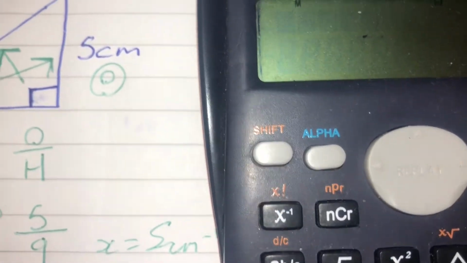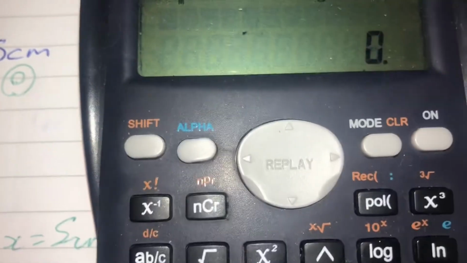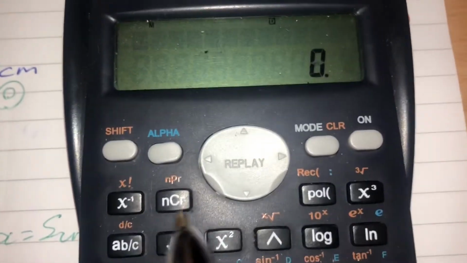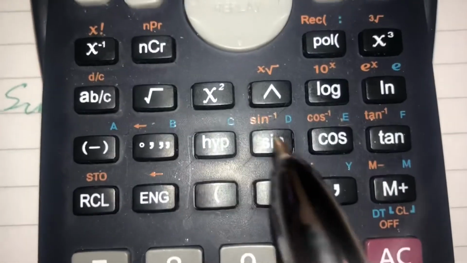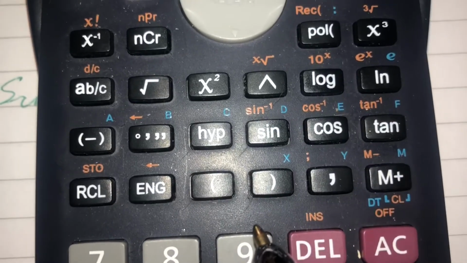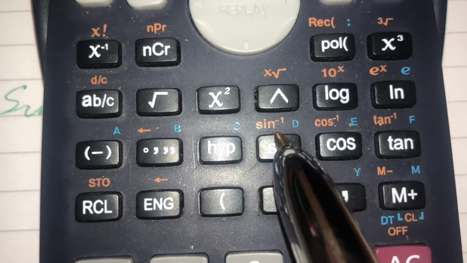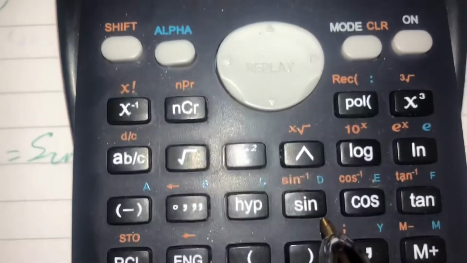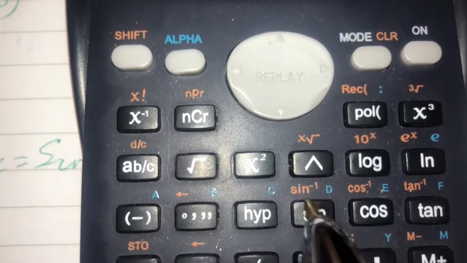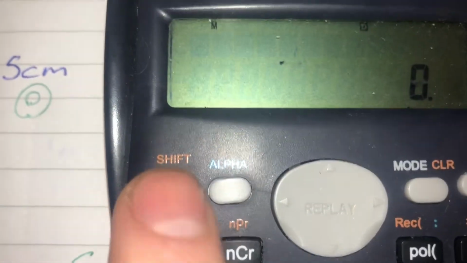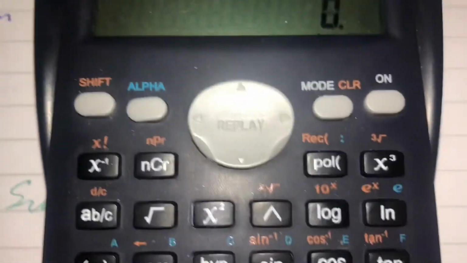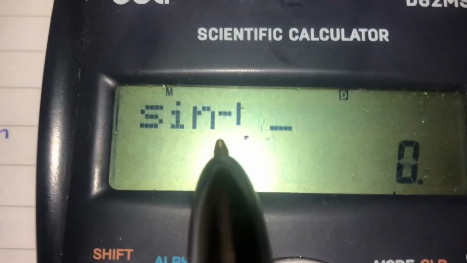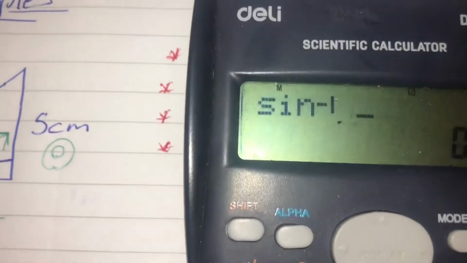On my particular calculator, and it'd be the same on most calculators, sine, cos and tan are our trig functions. Sine to the minus 1 is above that, and because it's in this orange font, I am using the shift function. So I push shift, and that allows me to use sine to the minus 1 of 5 over 9.